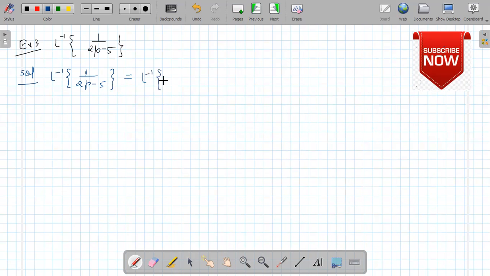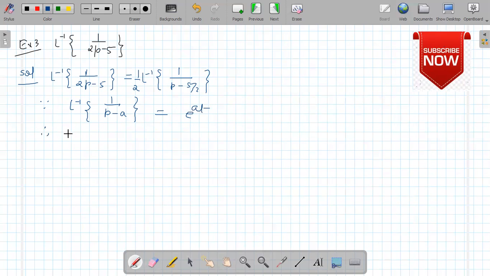Laplace inverse of 1 upon p minus 5 by 2, with 1 upon 2 taken as common. Okay. So here this is now in the form of 1 upon p minus a. So we know that Laplace inverse of 1 upon p minus a is e raised to the power at.